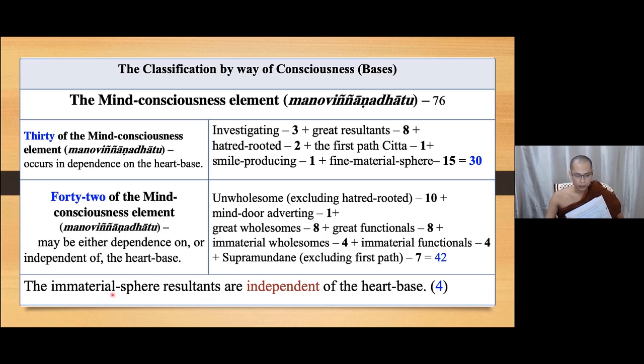So whenever the immaterial sphere resultant arises, it arises independent of the heart base. So altogether, the 76 in 3 groups we can analyze by way of the base they depend on. This is the classification of the Manoviññāna Dhātu 76.